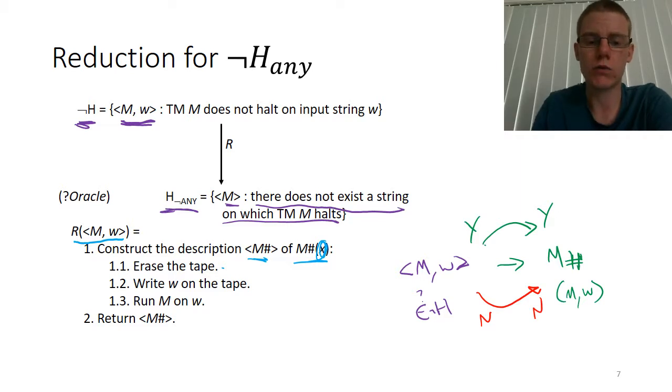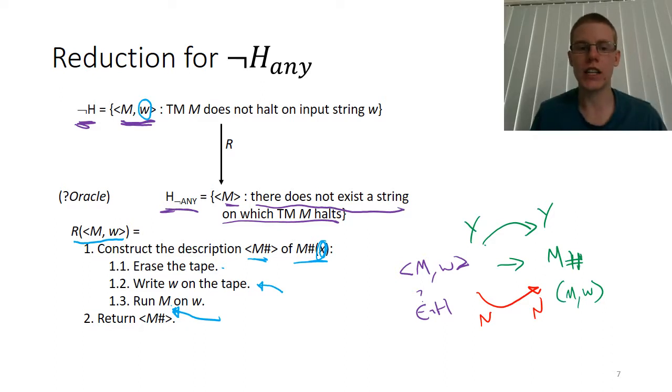Then it will write the W for the instances it was constructed with on the tape. So remember, this is this W here, what we constructed it with. Then it will run the original machine from the complement of the halting problem instance on that W. So what M hash actually does is it just always runs the original machine on the original string and ignores whatever its own input is.